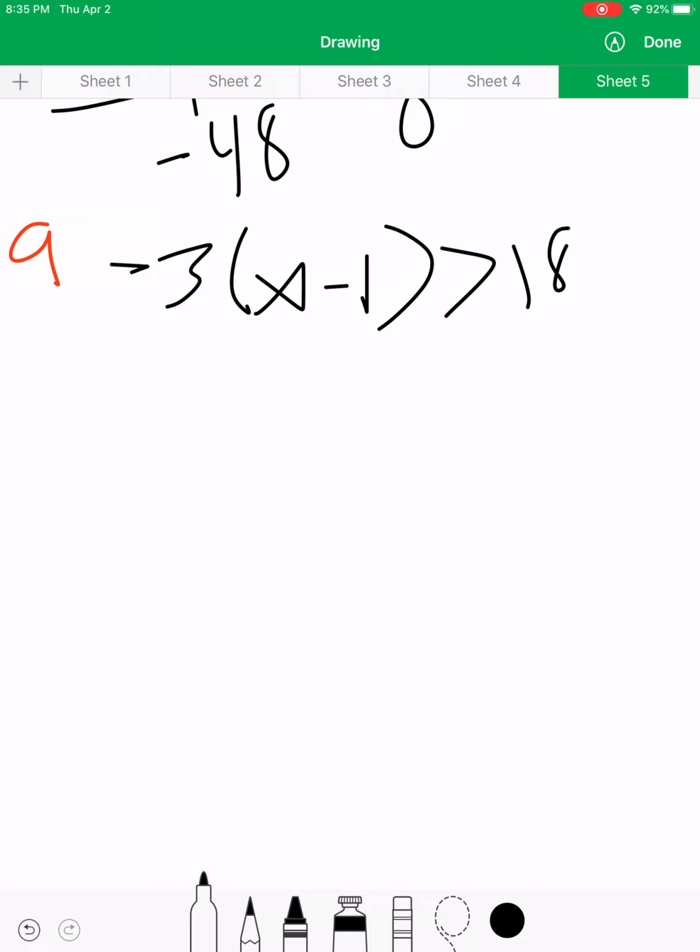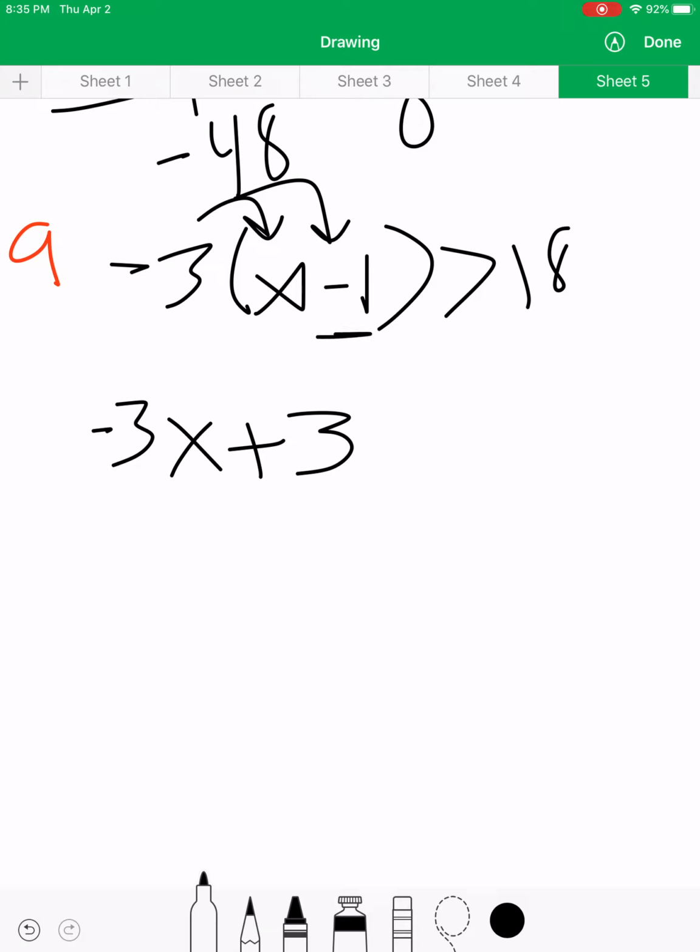Let's see here. We do multiply outside to what's inside. So distribute negative 3. So that becomes negative 3x plus 3, because a negative 3 times a negative 1 becomes a positive 3, is greater than 18.